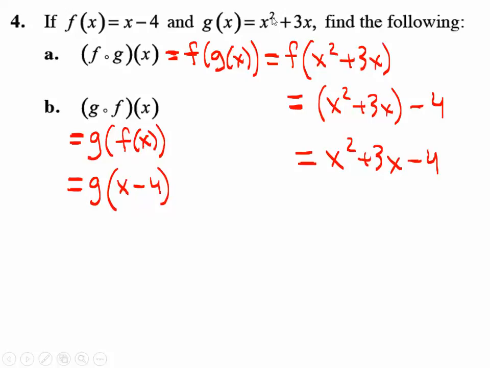We're going to square this and then add 3 times that. So this case is going to be x minus 4 being squared, exactly the same as g of x, plus 3 times the x, or x minus 4. Everybody okay with just putting in the variables there?